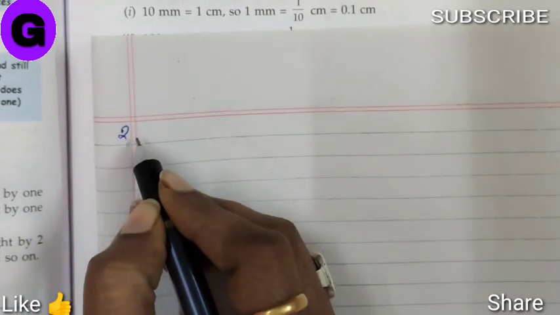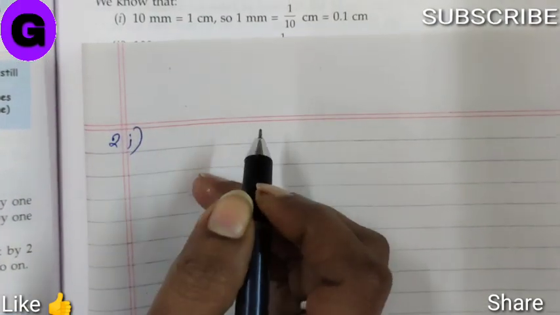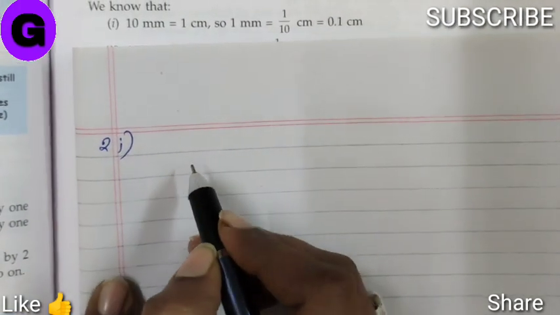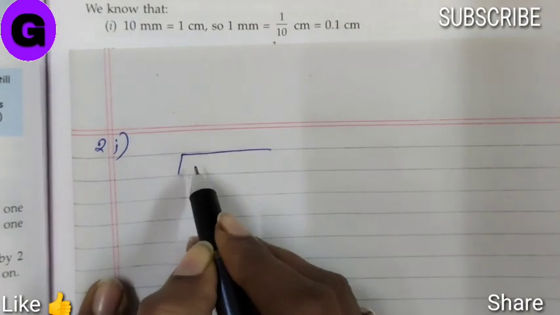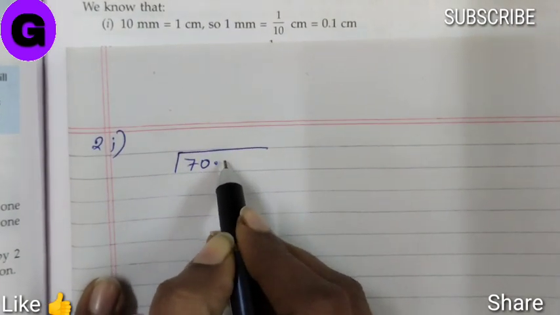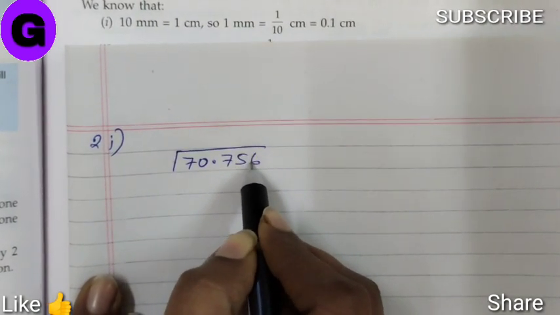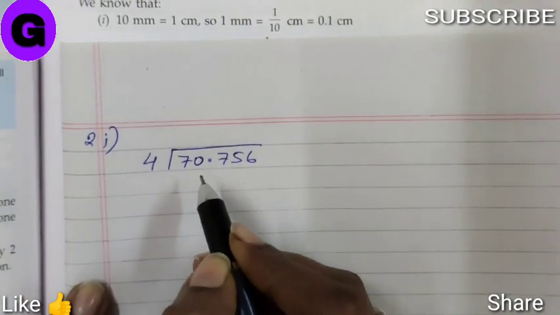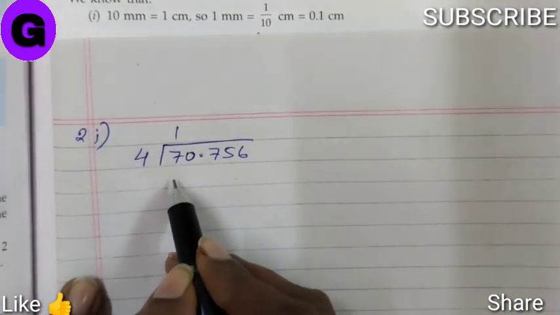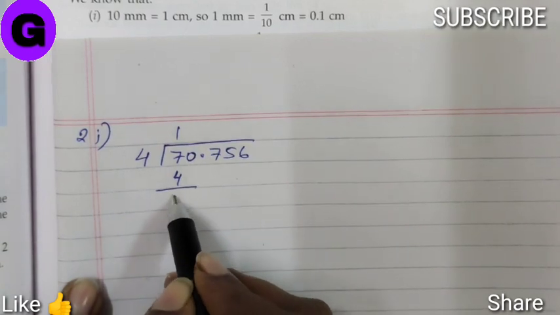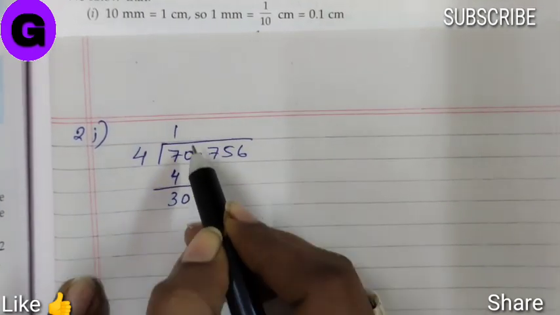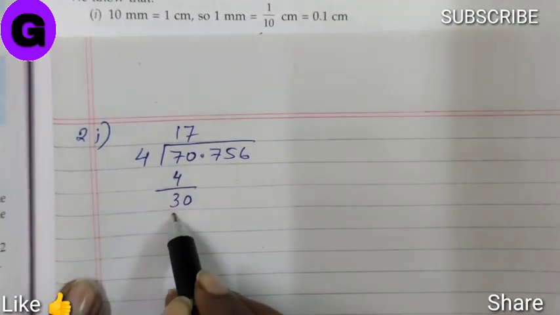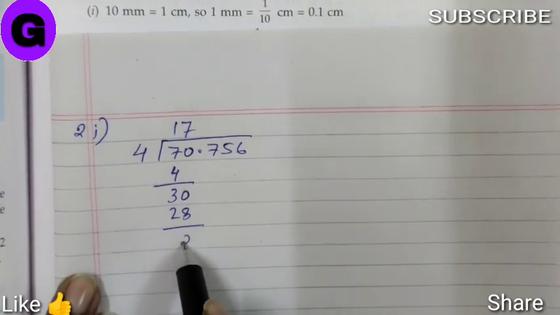Sum number 2, 1, where we need to divide. The sum is 70.756 divided by 4. 4 ones are 4. 3, 0. 4 sevens are 28. 2.